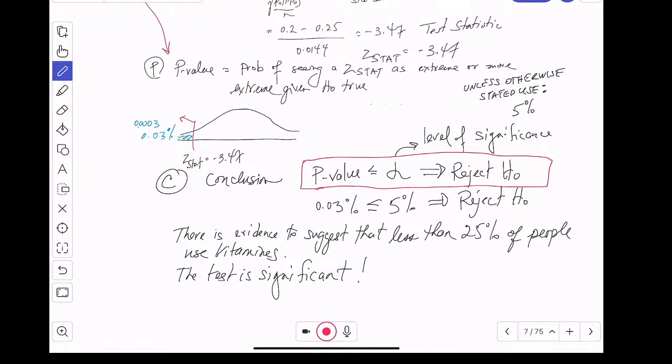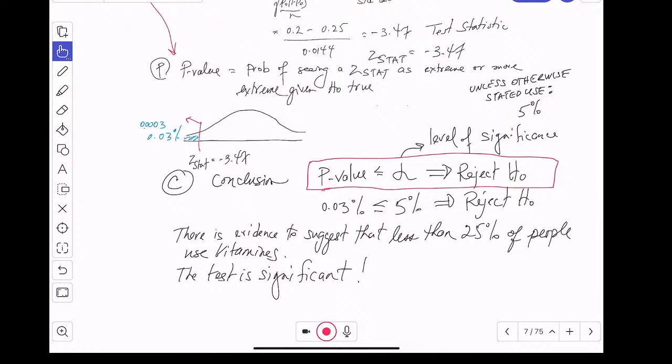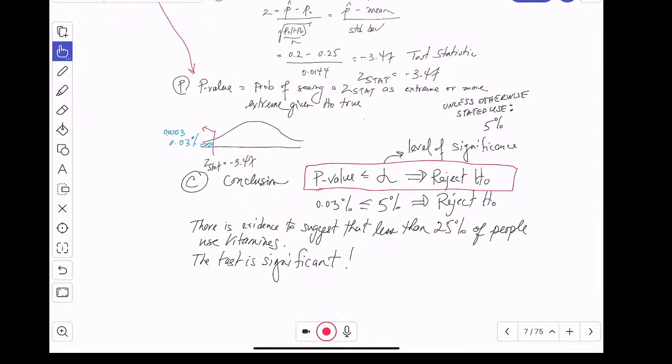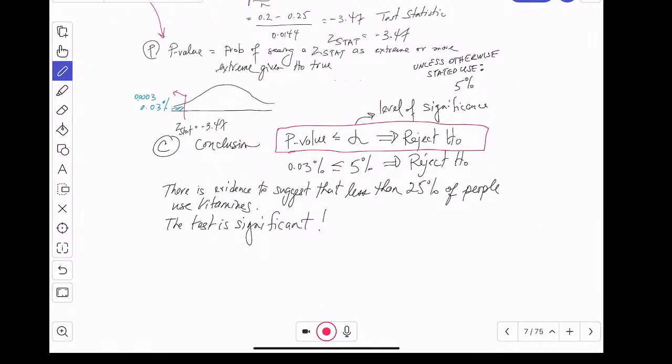Okay, what do you do if you don't reject? If you don't reject, we say, so this is done, I finished. But note, if the p-value is not smaller than alpha, then we fail to reject.